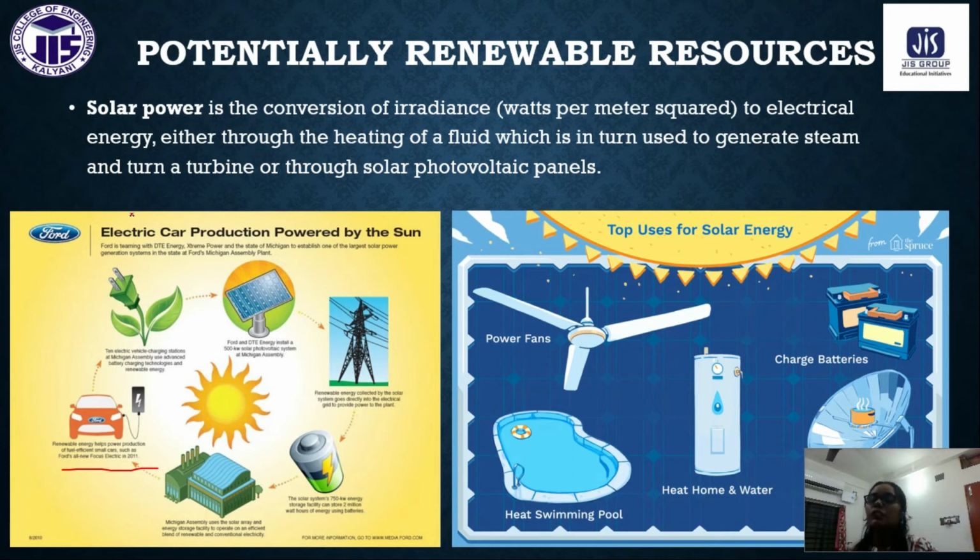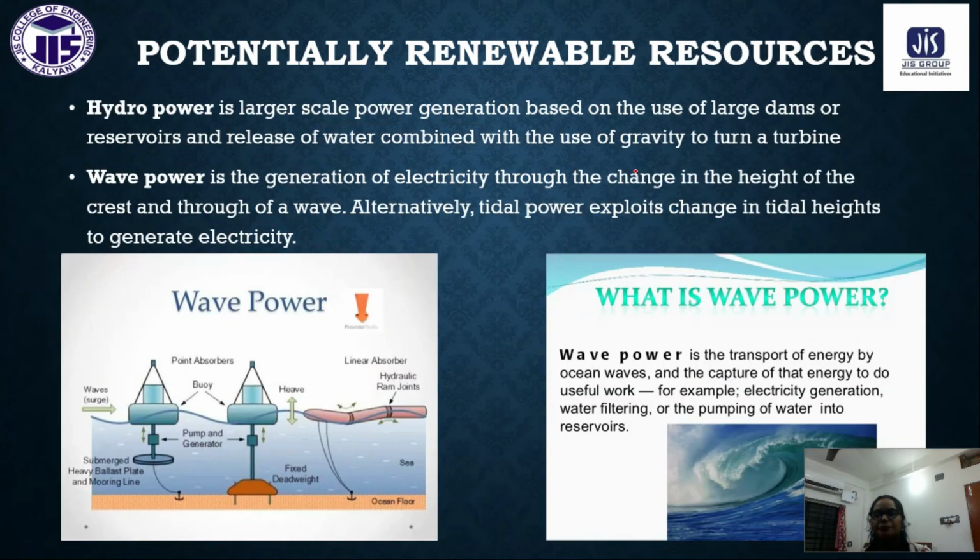Solar power is the conversion of irradiance to electrical energy, either through the heating of a fluid, which in turn is used to generate steam. So these solar cells we can use as potentially renewable resources.